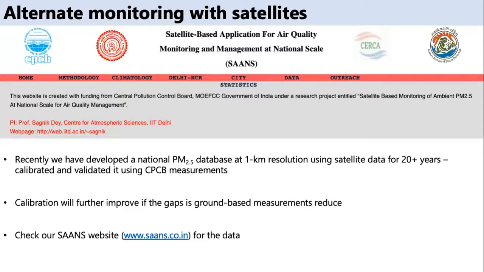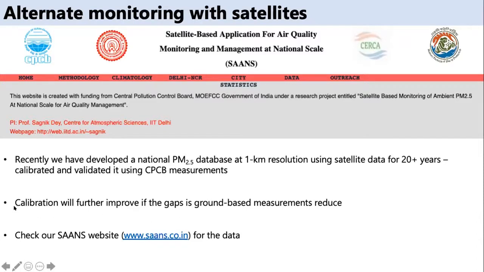We are monitoring every 1 kilometer by 1 kilometer grid of India for more than 20 years. And we have calibrated and validated this with the Central Pollution Control Board measurements. This website, which you can access from this link, gives you all the details about this database, how it is generated, how good the data is, as well as access to the data.